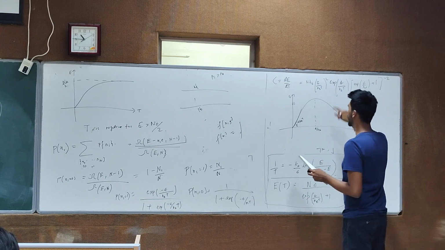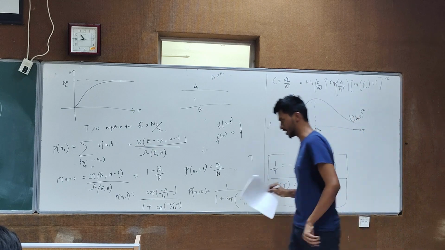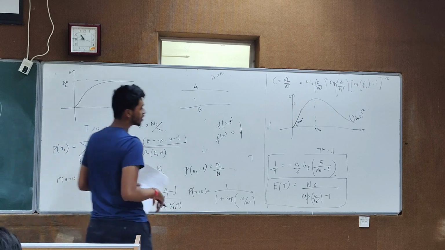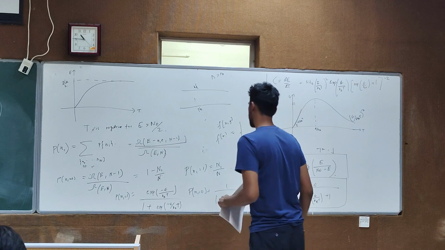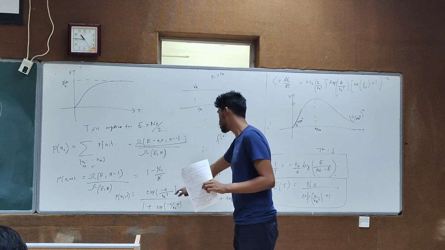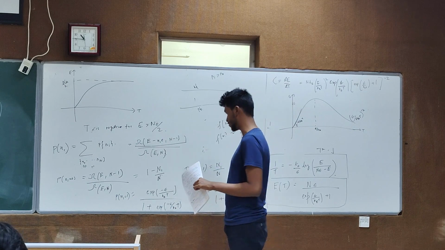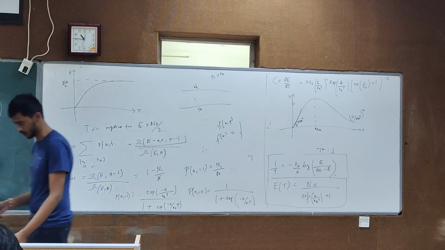So you have an exponential rise initially and a power law decay. This is the specific heat of the system. And also these probabilities are valid for when your T is negative. So you will still get these probabilities.